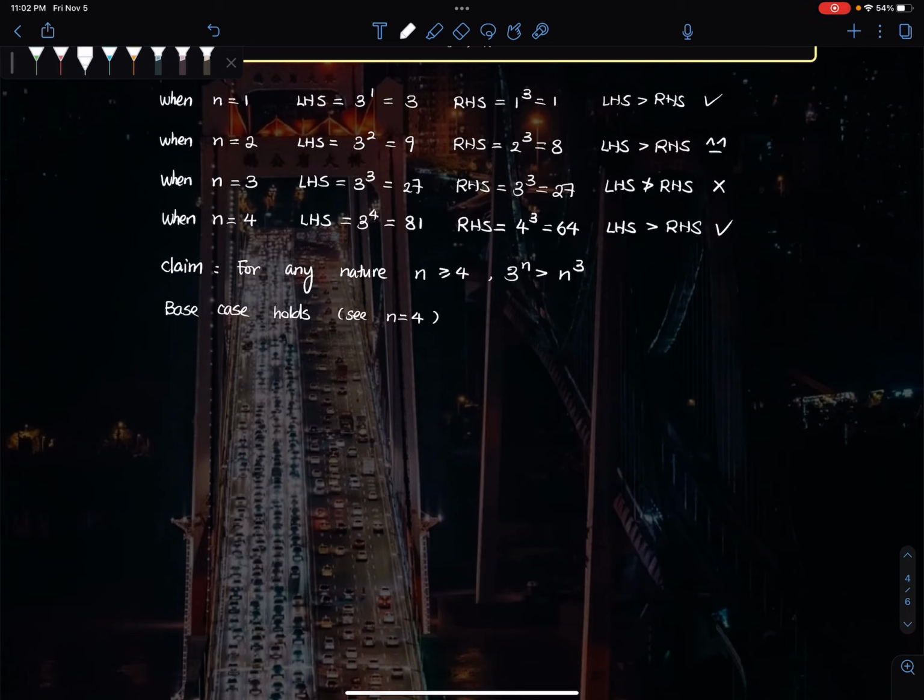Inductive hypothesis. I'm going to assume 3 to the power of k is greater than k to the power of 3 for some natural number k that's greater than or equal to 4.